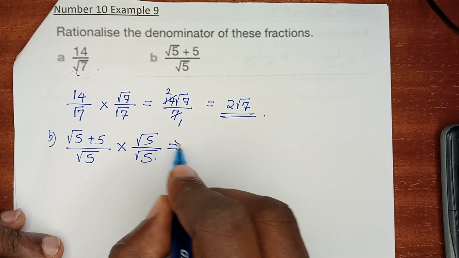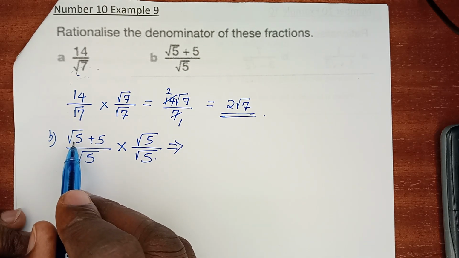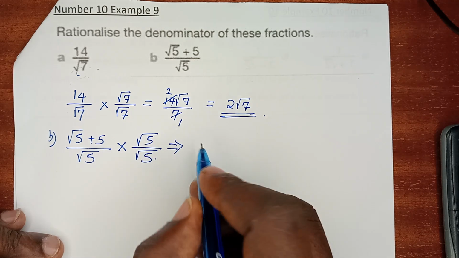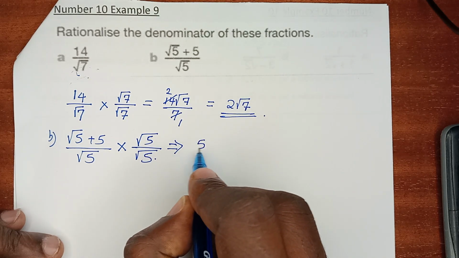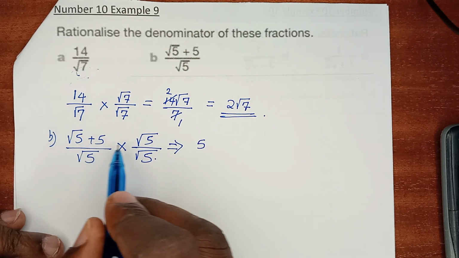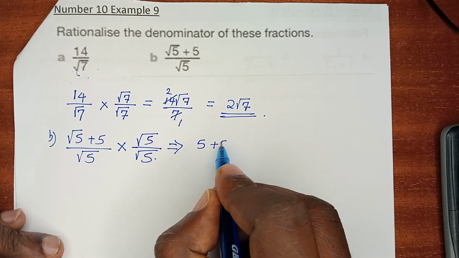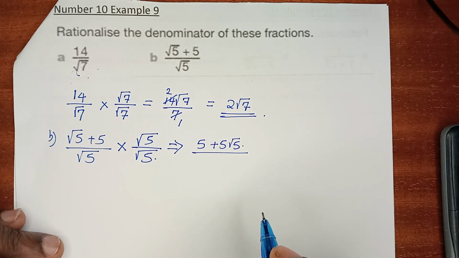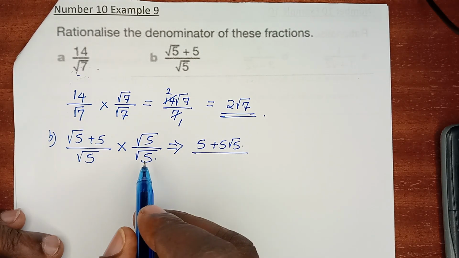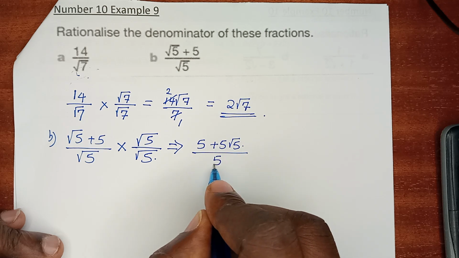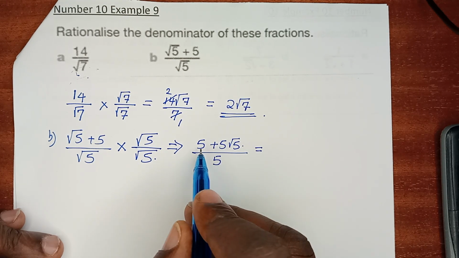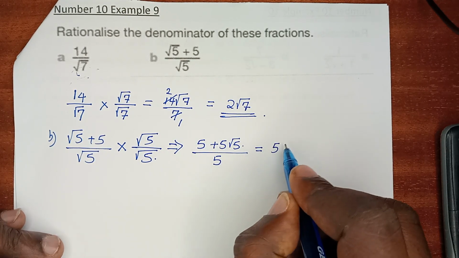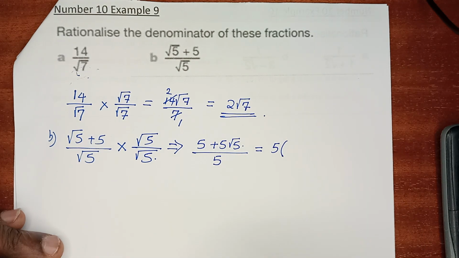So let us multiply them out. Root 5 times root 5 is 5. 5 times root 5 is 5 root 5. That is the numerator. Root 5 times root 5 is 5. You realize that in the numerator, 5 is common, so we can get it outside.